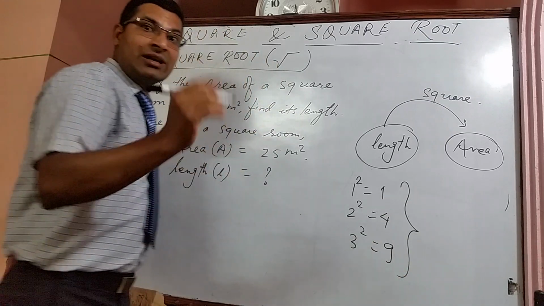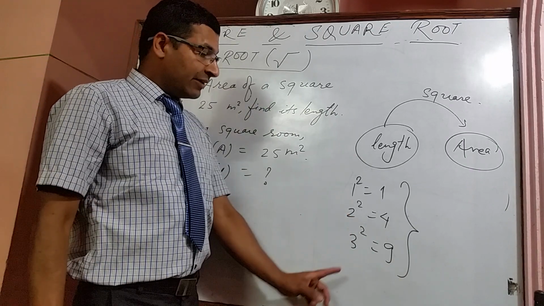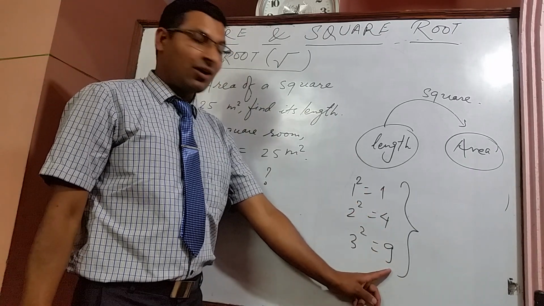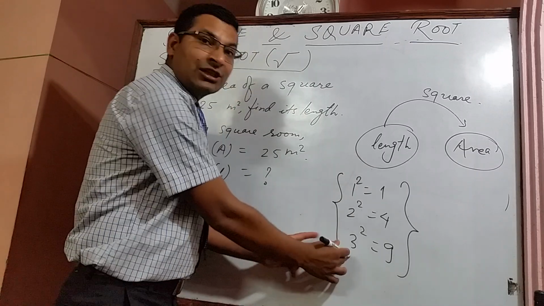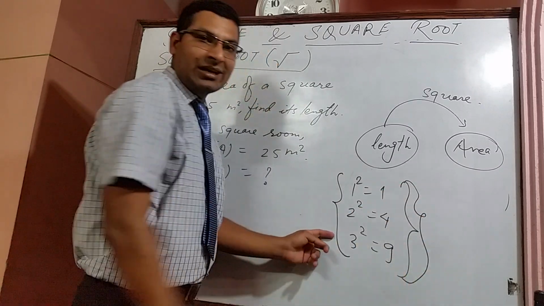Since these are perfect square numbers, if these are the squares of these numbers, then these numbers are the square roots of these perfect square numbers.